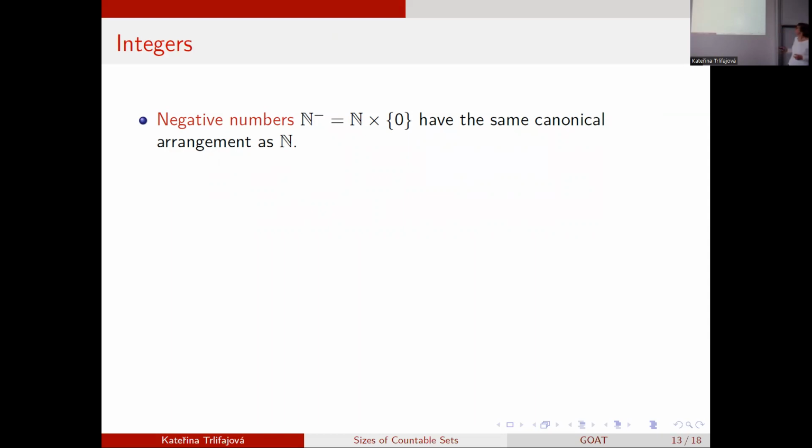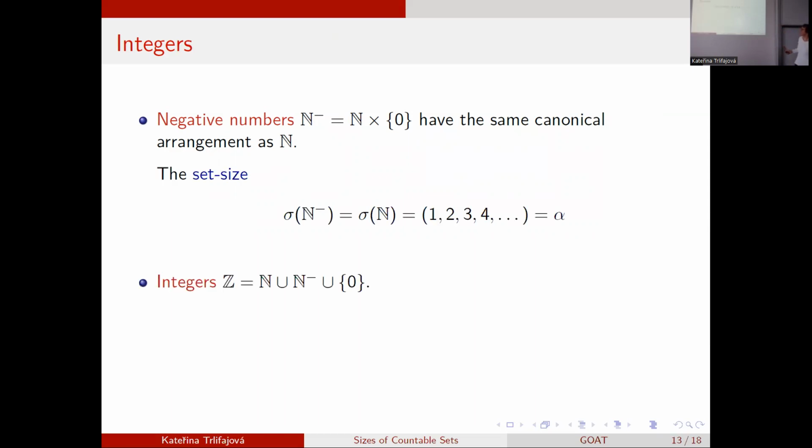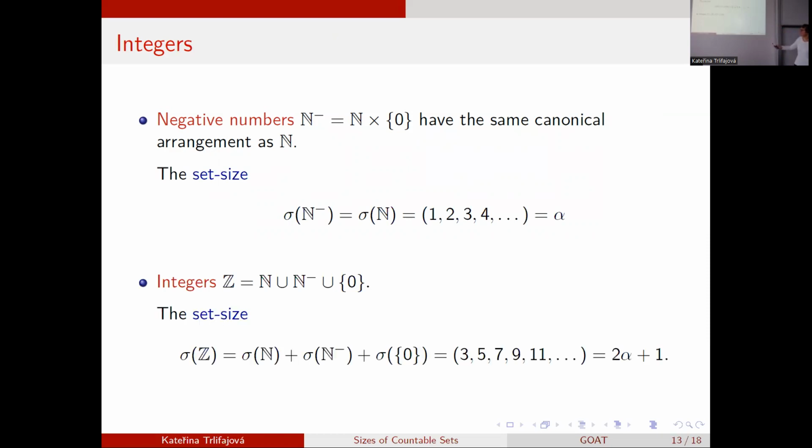And when we count, we obtain the same arrangement. Therefore, their size is equal to alpha, and the size of all integers is 2 alpha plus 1. So we can compare these infinite sets this way.